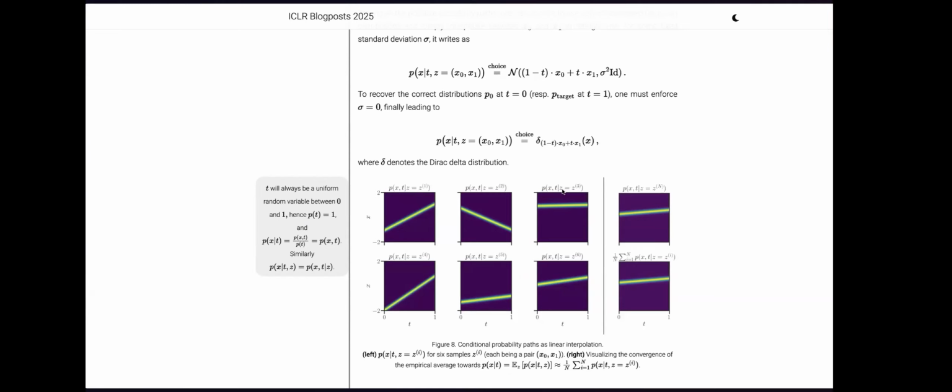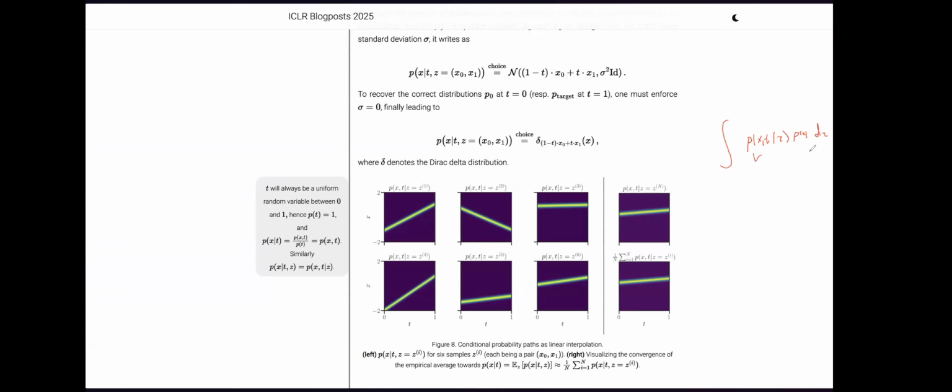Marginalizing means that we take different z's and average over all of them. If I have a function p of x and t given z, the way you marginalize is you draw a lot of different samples of z and integrate over all of them.